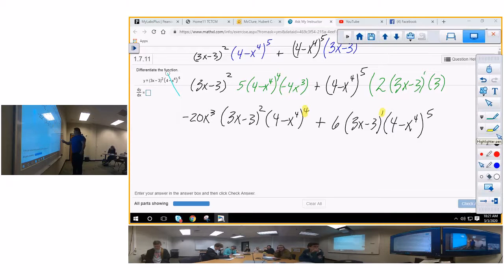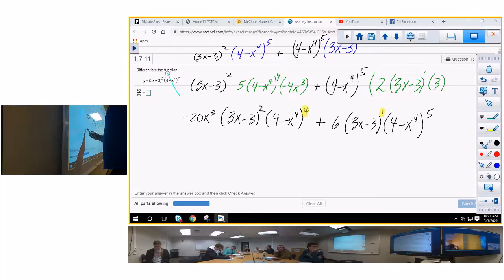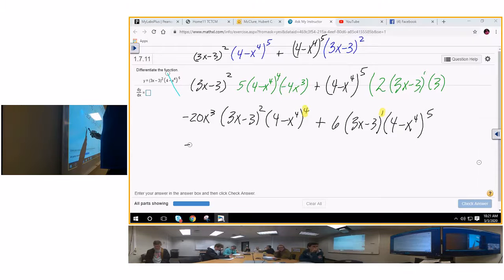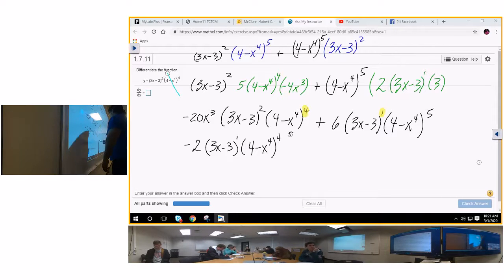I'm doing this because I have no idea how they want the answer written with this book. So I'm going to factor out a negative 2, and a 3x minus 3 to the first power, and a 4 minus x to the fourth power. And let's see what that leaves us.